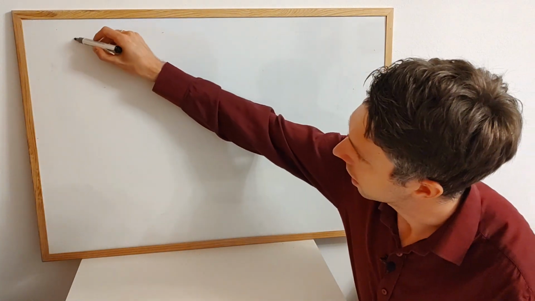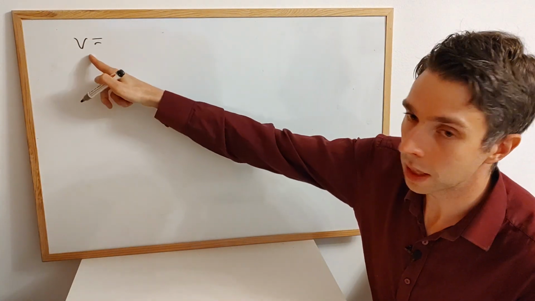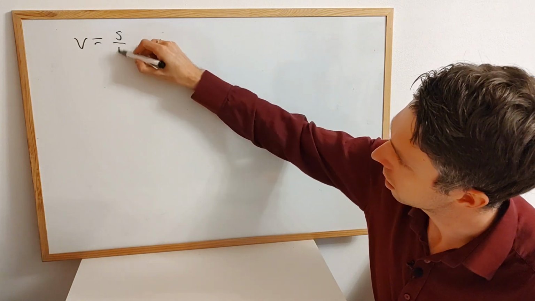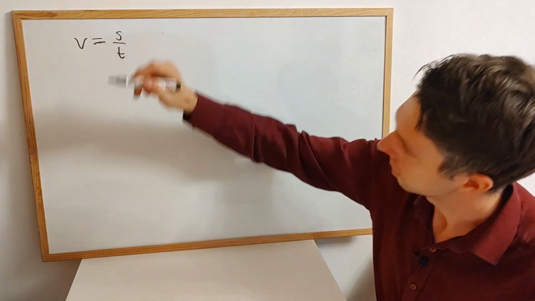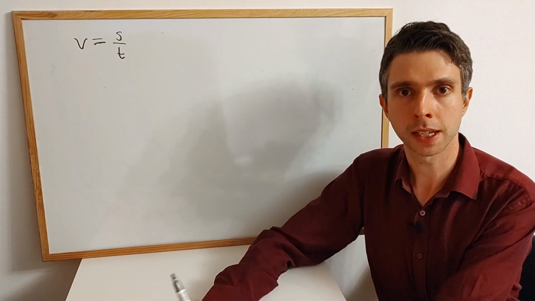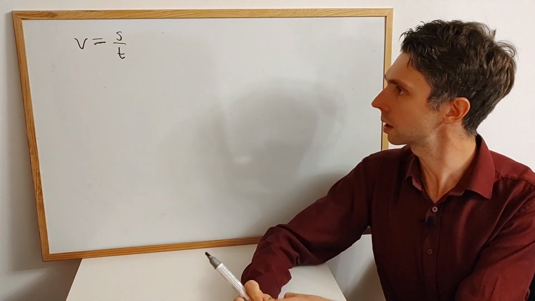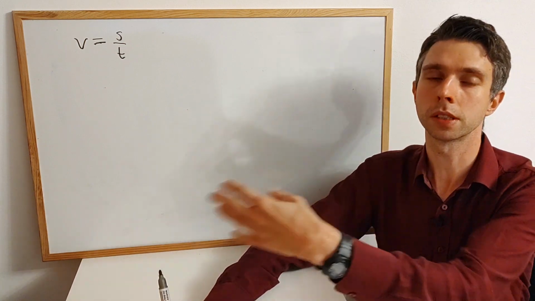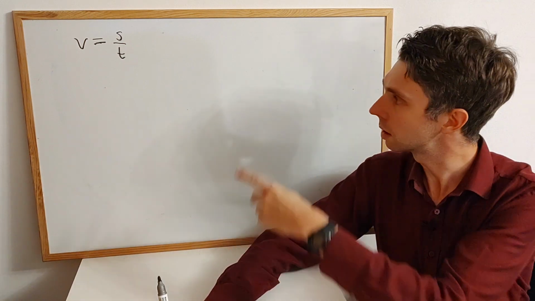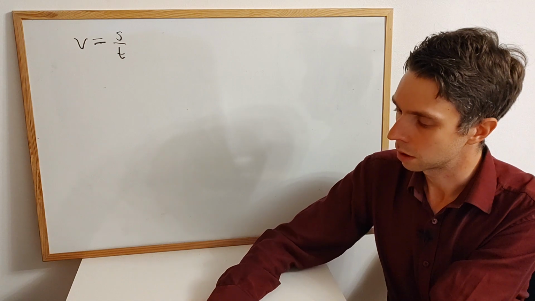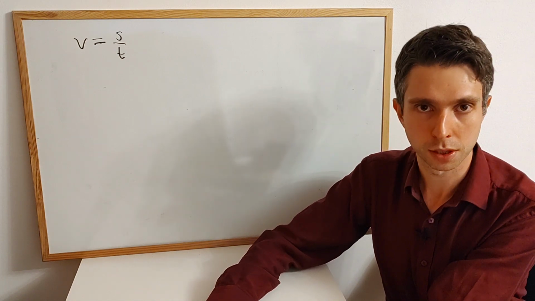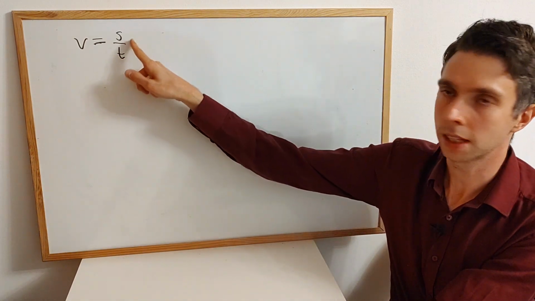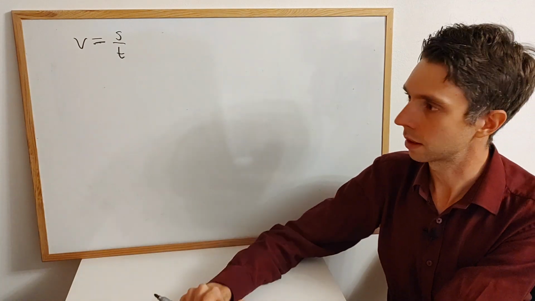So our equation was speed equals distance over time, which is applicable if you go with constant speed, which means uniform speed all the time, the same speed, or if you measure your average speed. Then you take total distance and total time.